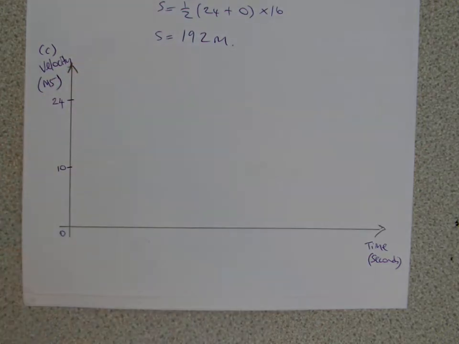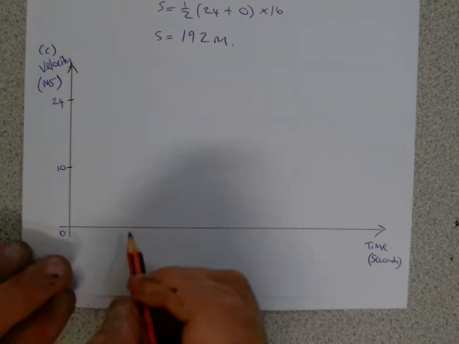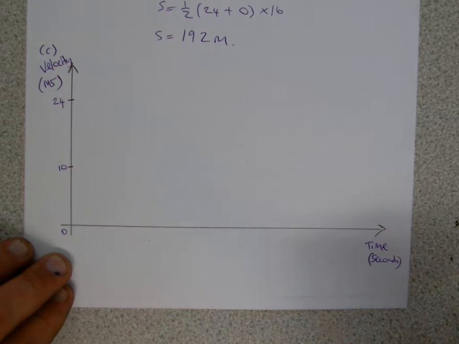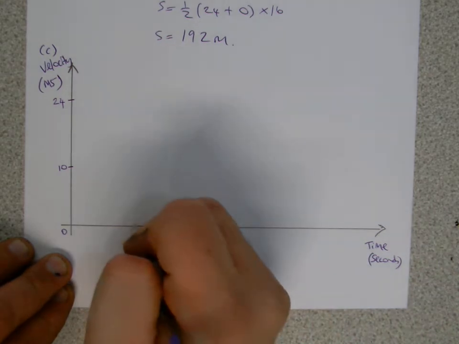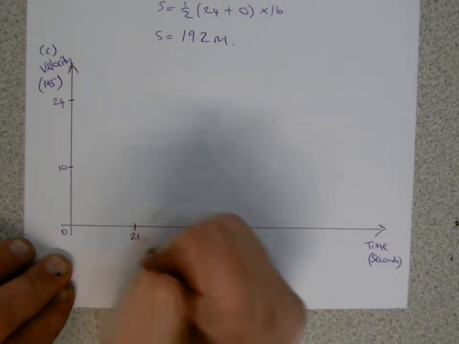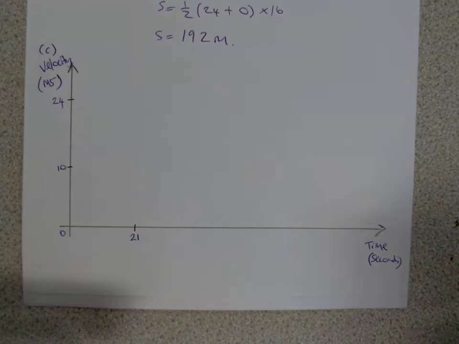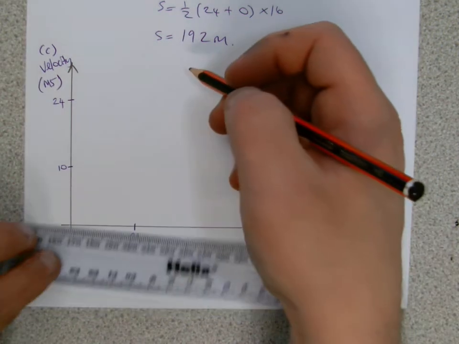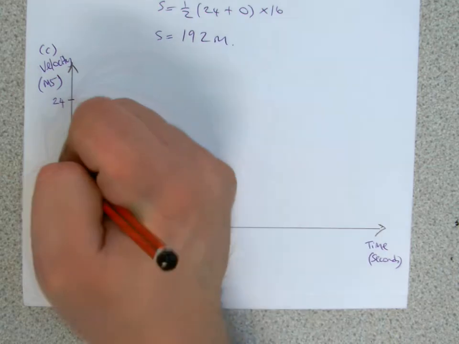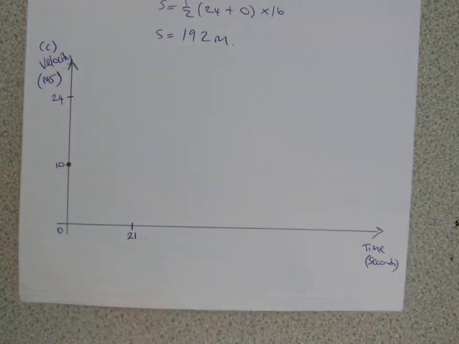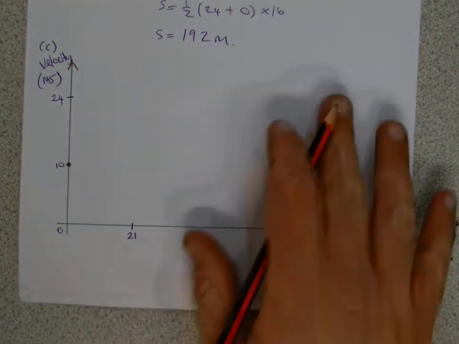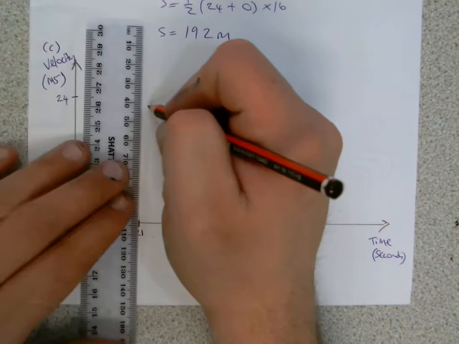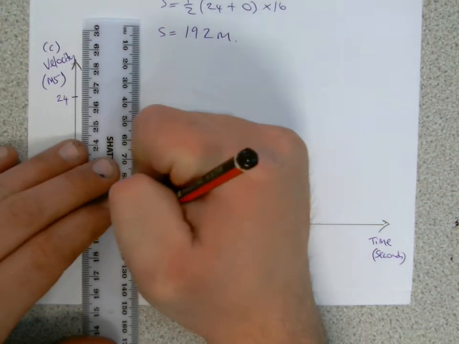And it increases from 10 to 24 in a time of 21 seconds, as it says in the question. So 21 maybe we'll mark about here. What I'm going to do is just show where we are. So we're starting there, time is 0, 10 meters per second, and then let's show where we're at after 21 seconds.